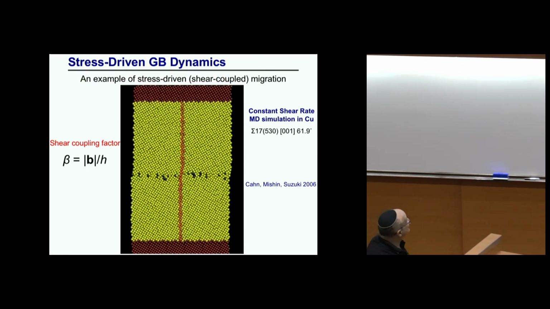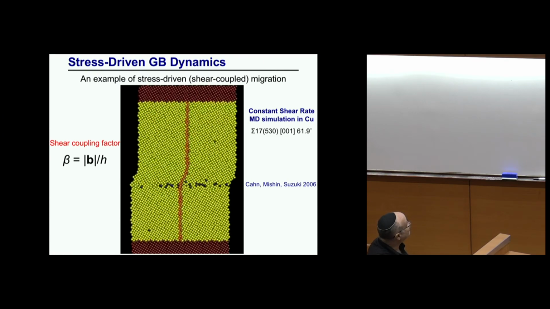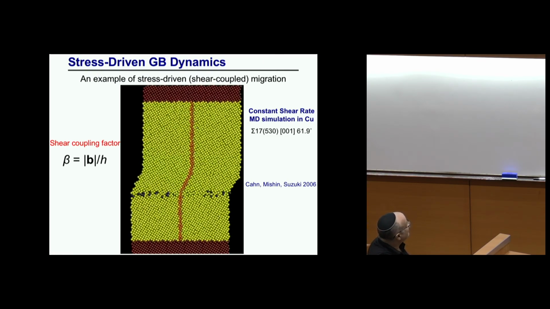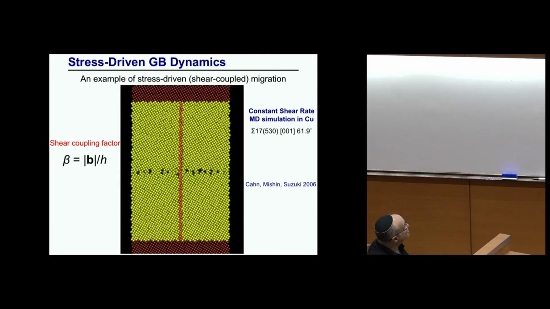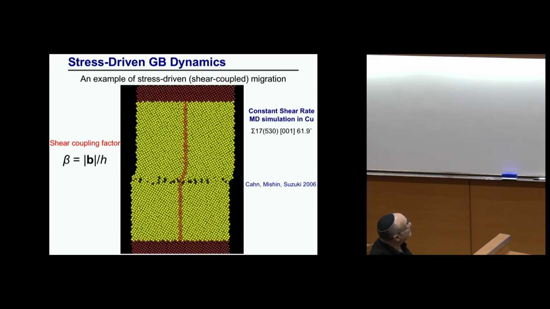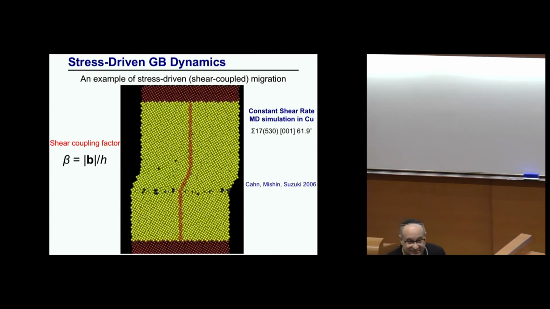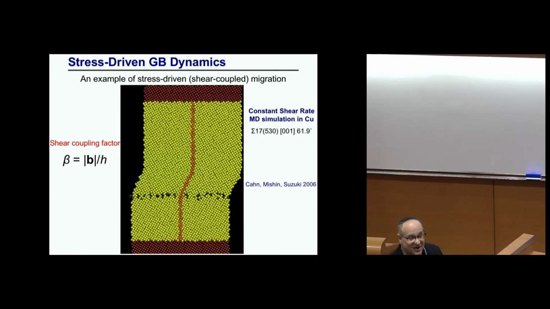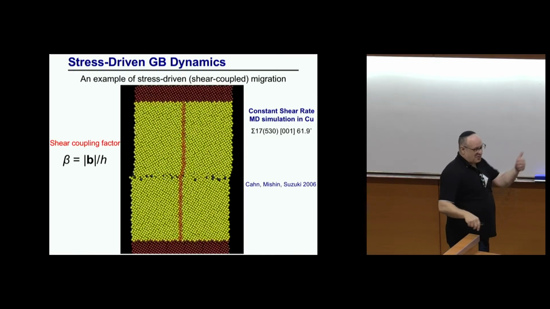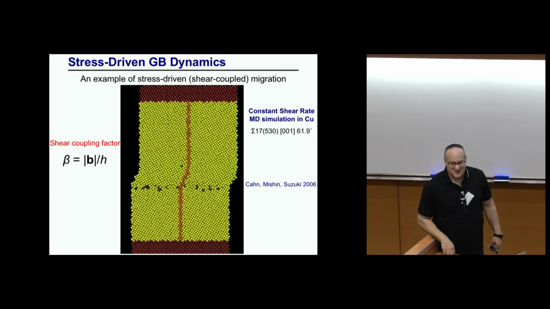So what you see is here's the grain boundary, and you can see as I'm shearing the top relative to the bottom, the grain boundary is moving down, and the crystals are shearing relative to each other. And the slope of this line here is related to beta. Okay, so if I measure that slope, I know what beta is. Okay, so theory, simulation, does it really work in real materials?